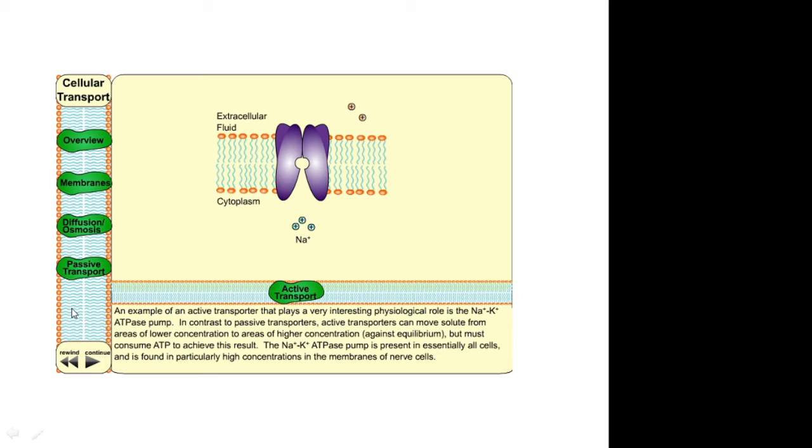The sodium potassium ATPase pump is present in essentially all cells and is found in particularly high concentration in the membrane of nerve cells. Because the pump transports 3 sodium ions out of the cell while bringing in only 2 potassium ions, it generates a difference in electrical potential across the membrane.